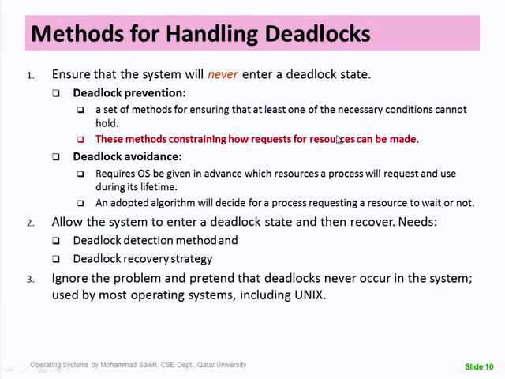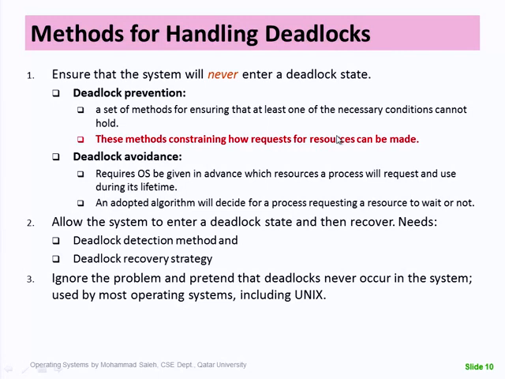Now we said we can handle deadlock using three different methods. One of them is prevention, the other is avoidance. There is a third one, as we mentioned, which is basically detection and recovery, right? In prevention, we want to prevent deadlock from happening. So here we are handling the problem from the root of it.